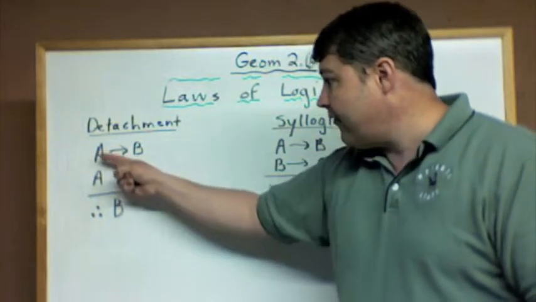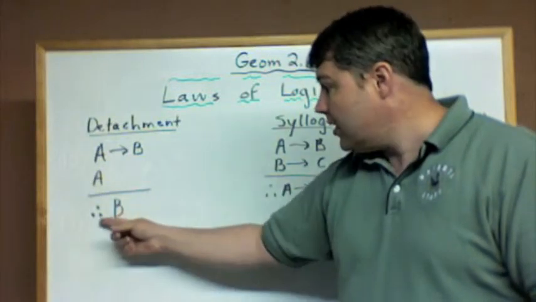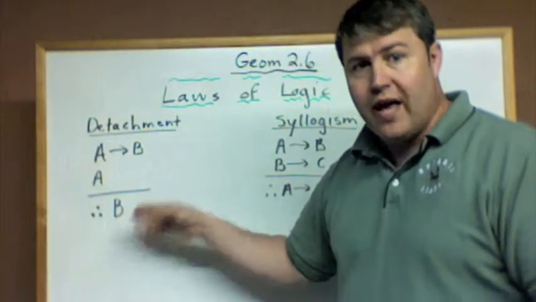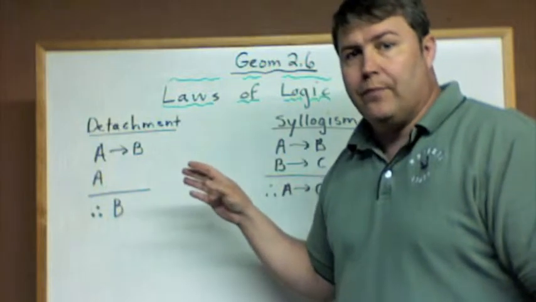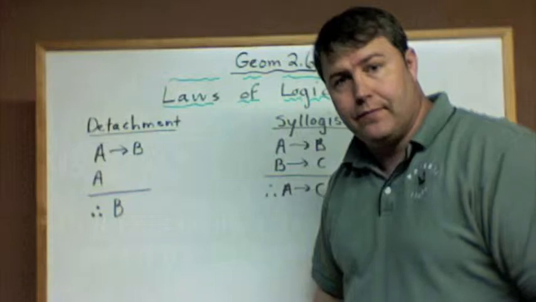So if A implies B is true, and if A is true, therefore B has to be true. That is always the case when an argument is in this form, and that is called the law of detachment.